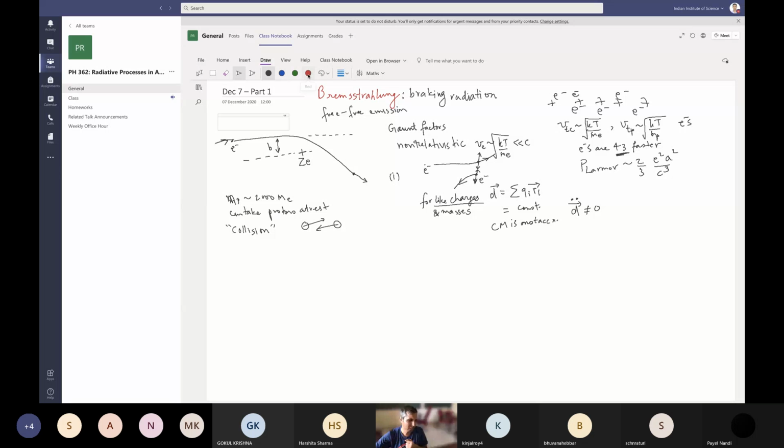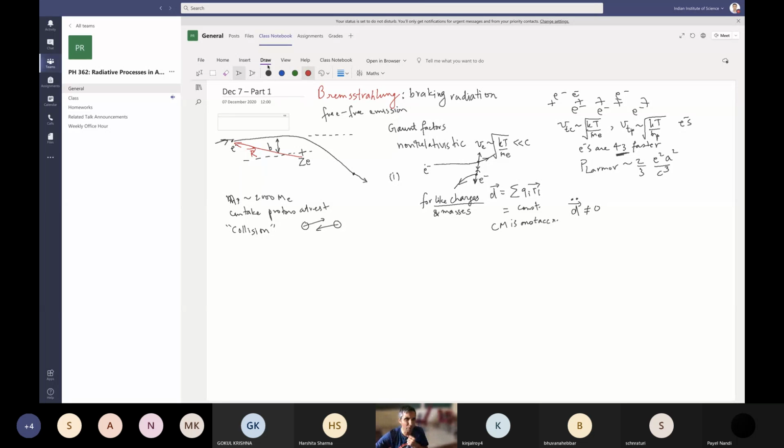Let my coordinate system be centered at the location of the ion, with charge Ze. Let this r be the coordinate of the electron.